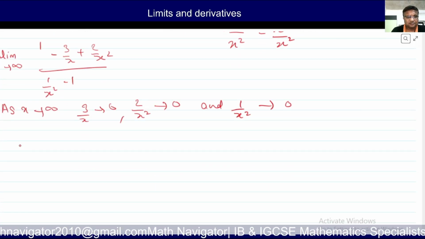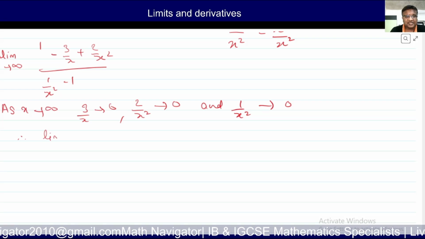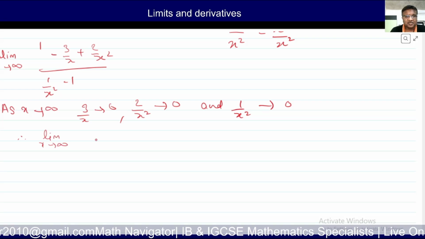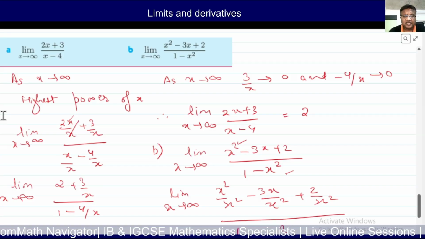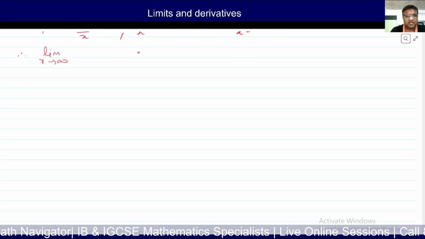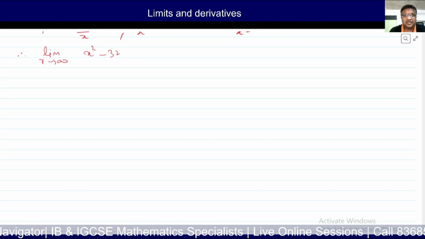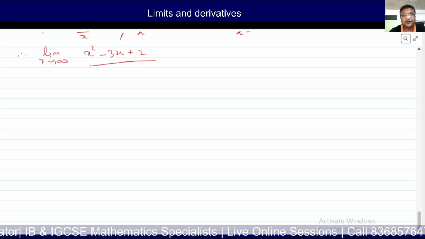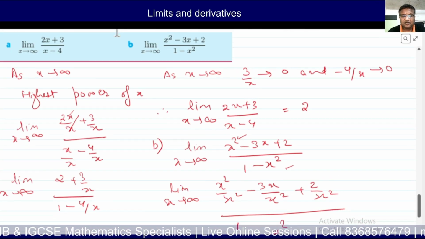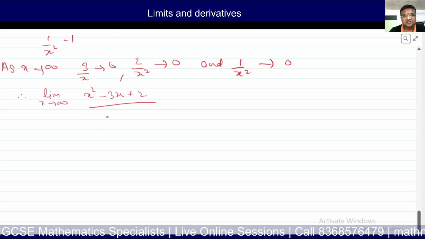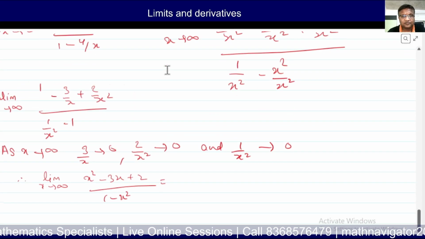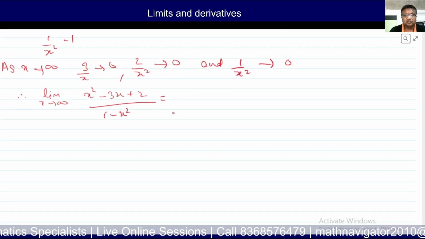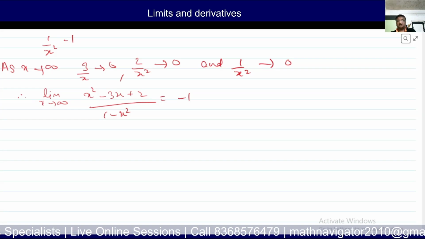Therefore, limit x tends to infinity, what was my question? x squared minus 3x plus 2 over 1 minus x squared is equal to what? Negative 1. So hope this is clear.